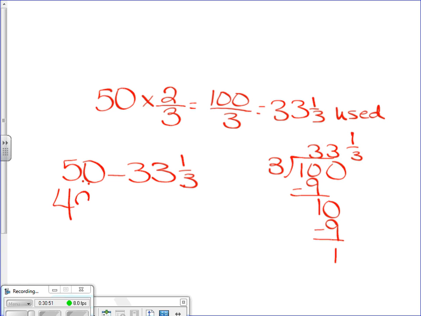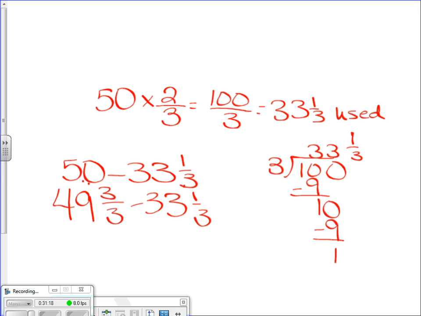I have 49 and take one of those pizzas and slice it up. 49 and 3/3. This is still equal to 50. Still the same thing. I just took one of my pizzas and cut it up. Did that to death. Second quarter.